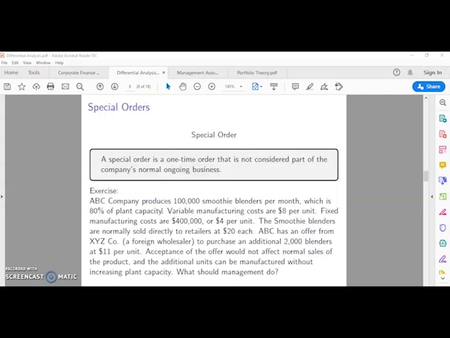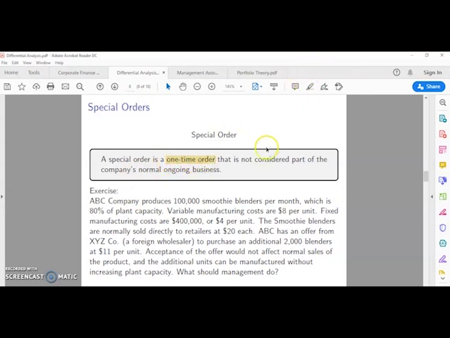So here you are with a very classic and simple exercise for special order. Before we start, you should understand the difference between a special order and normal ongoing business. A special order is in fact a one-time order.